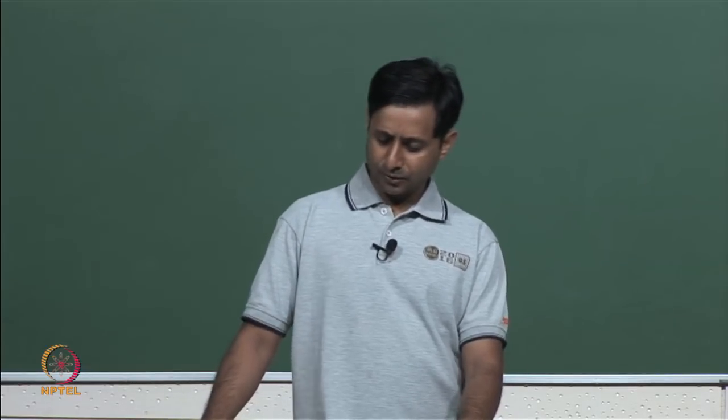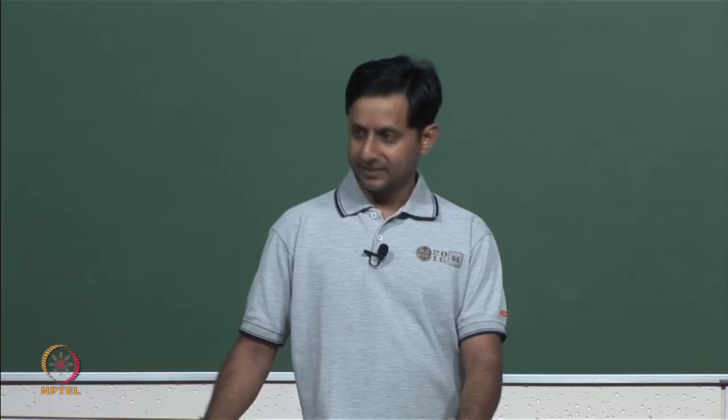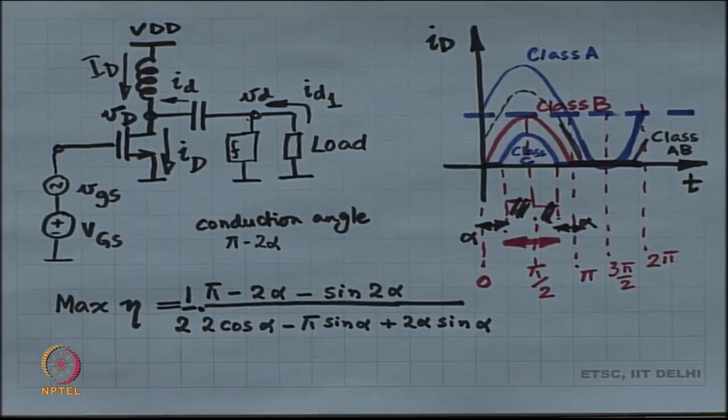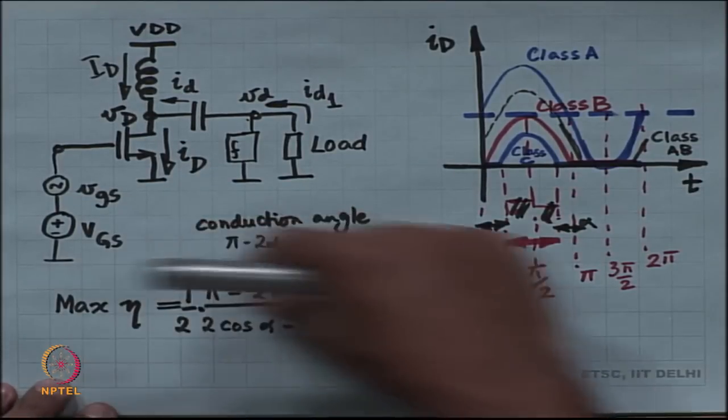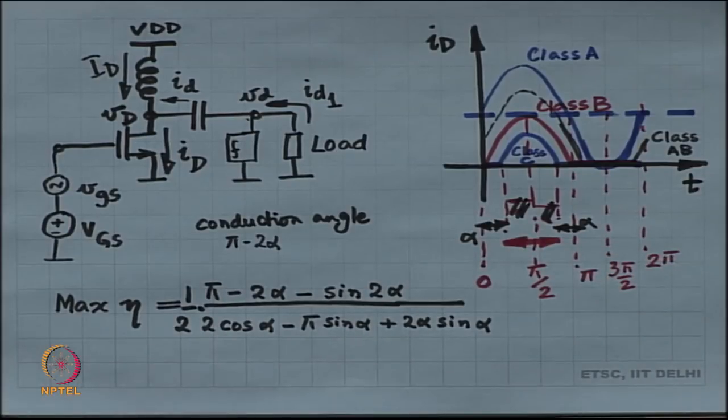Now, what you are also going to notice is that the efficiency has increased, but the actual values of the numerator and the denominator are both decreasing.